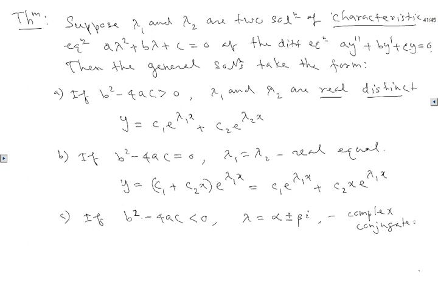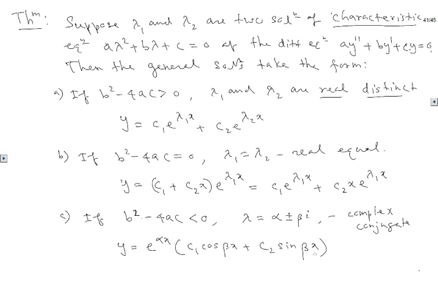If the coefficients are real, this is always the case: you always get complex conjugate solutions if the coefficients are real. So in that case, the solution has the form y equals e to the alpha x times c1 cosine beta x plus c2 sine beta x. That is the general form of the solution in the third case.